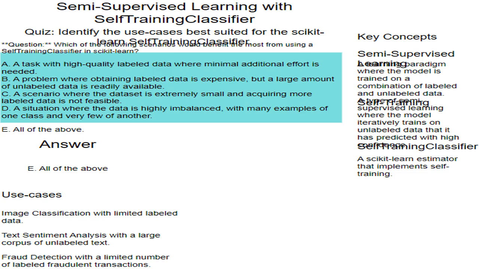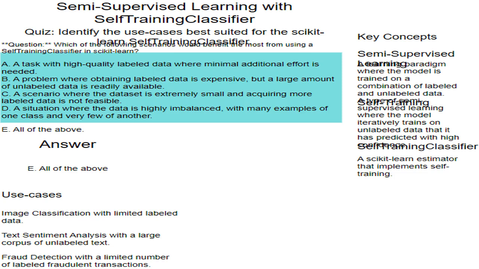False. Self-training classifier is primarily used when labeled data is scarce, making it less beneficial in scenarios with high-quality labeled data. True. Self-training classifier excels in situations where labeled data is costly, but ample unlabeled data exists. It leverages this unlabeled data to improve model performance. True.